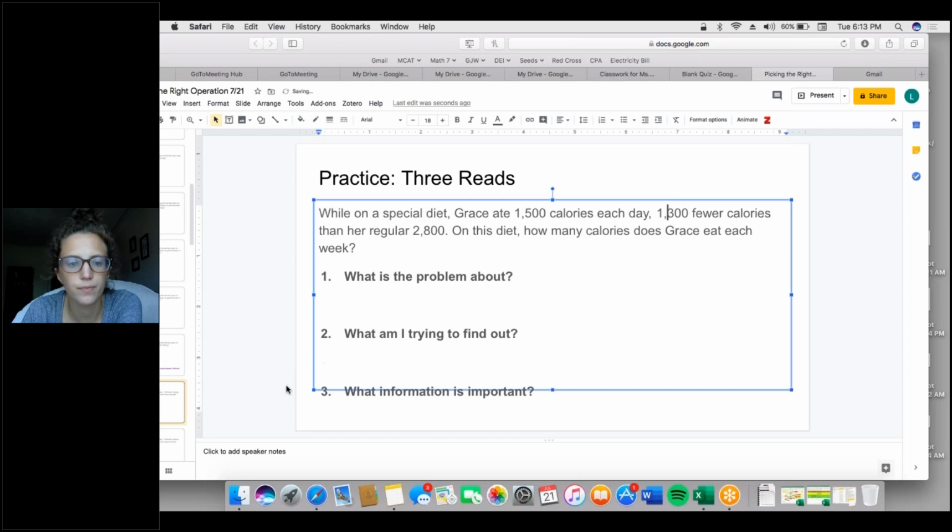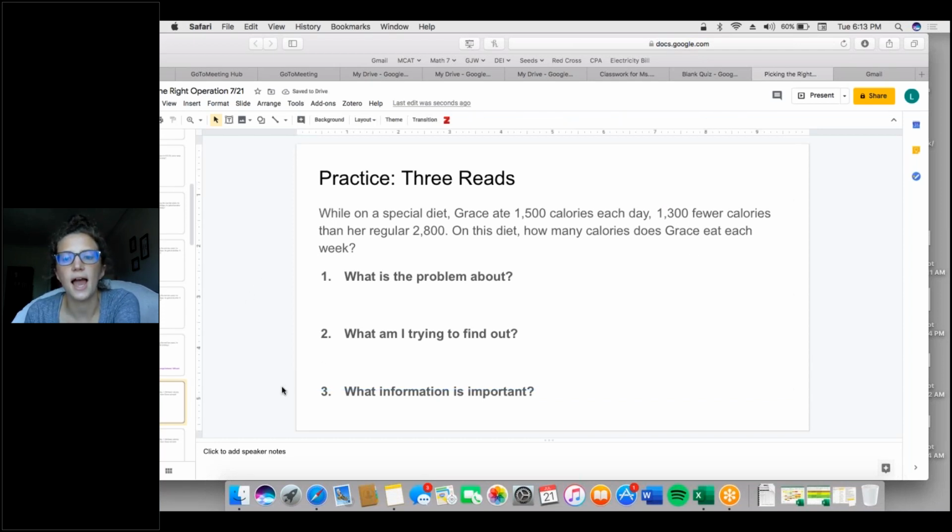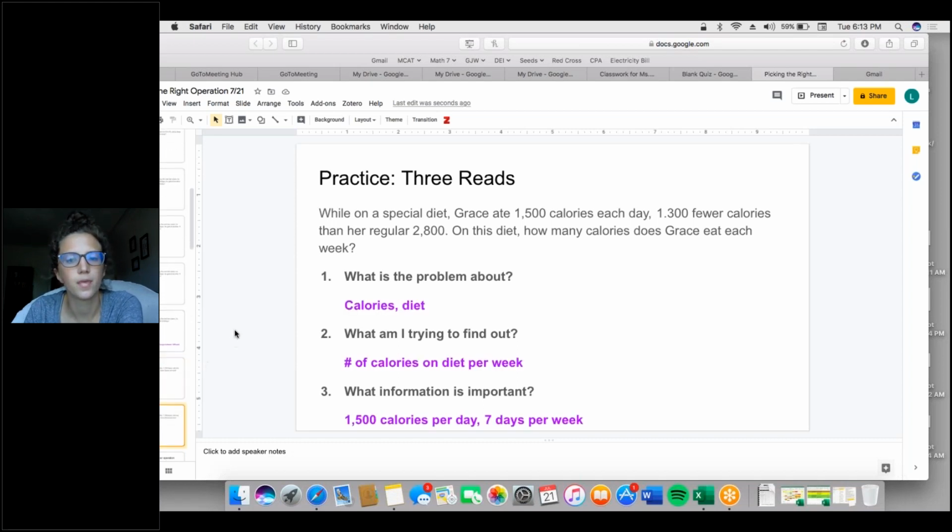On this diet, how many calories does Grace eat each week? So I just read it once. I'm going to have to read it again because there's a couple big numbers in there, but I know generally we're talking about calories and something about diet. There's a diet going on.